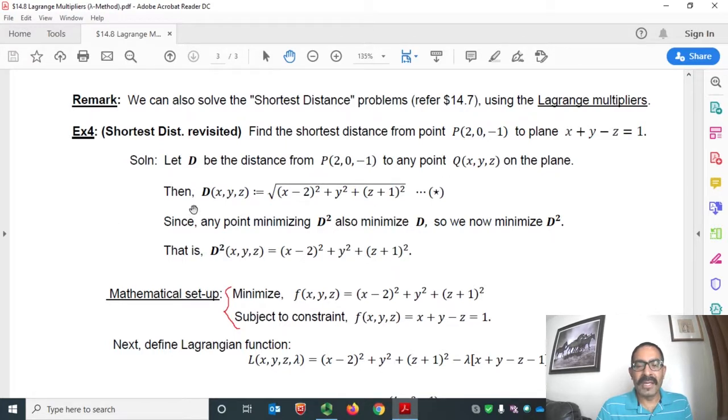Then our d equals this equation star. This is just the distance formula. Since any point minimizing d square also minimizes d, we now minimize d square. So d square equals, just getting rid of this radical, these equations.